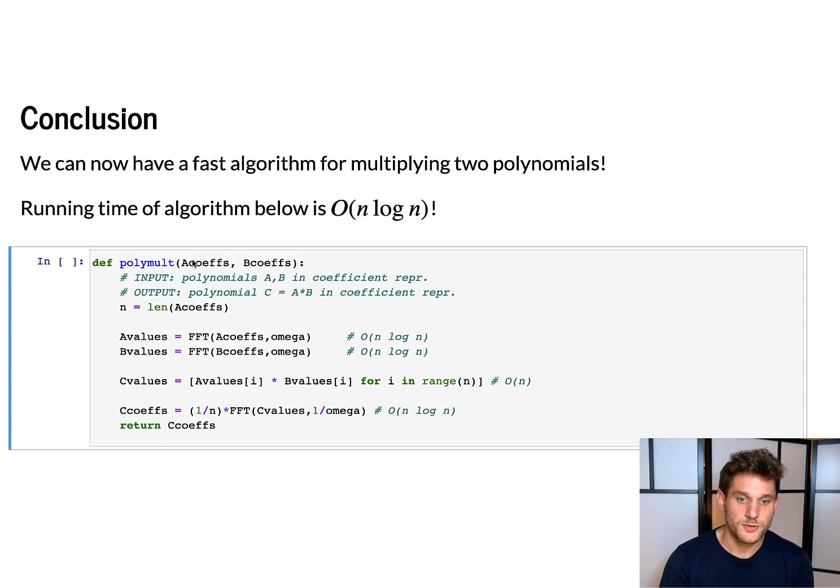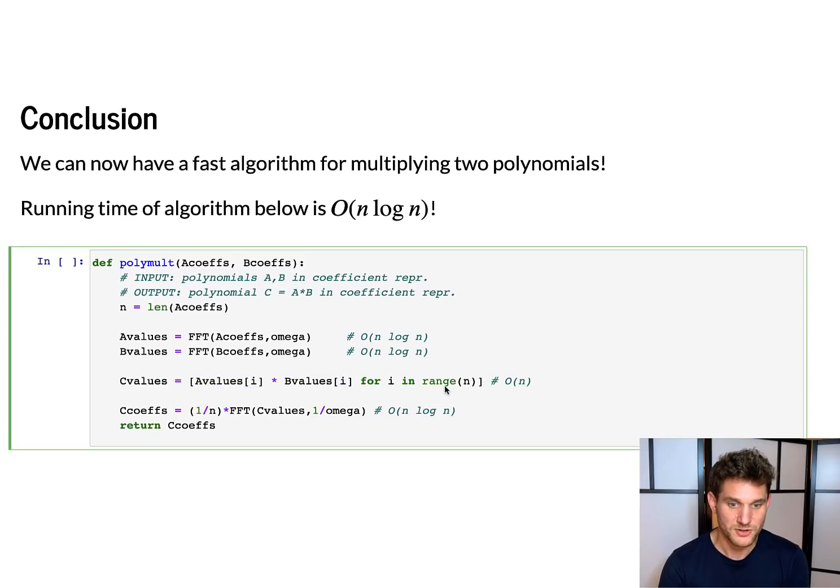What you do is you start out with two polynomials in coefficient form. Rather than do the naive multiplication, which takes O of n squared, we convert both of these polynomials using the FFT into value form. This is two calls to the FFT. We then multiply them together to get C in value form by simply multiplying all of the values together one by one.